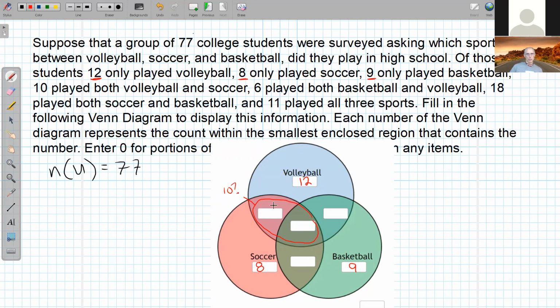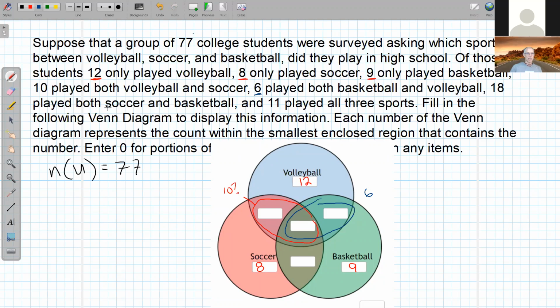Interesting. I'm leaning toward that. 6 played basketball and volleyball. So then 6, basketball and volleyball would be this region over here. I'm going to need a new color. There we go. So I think this right here, those 2 boxes is the 6.